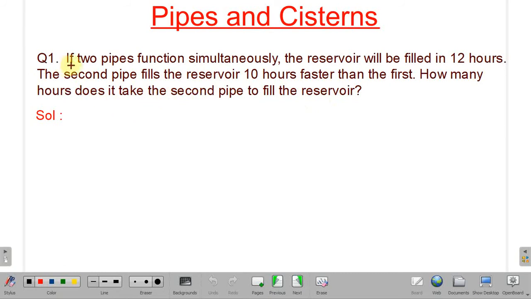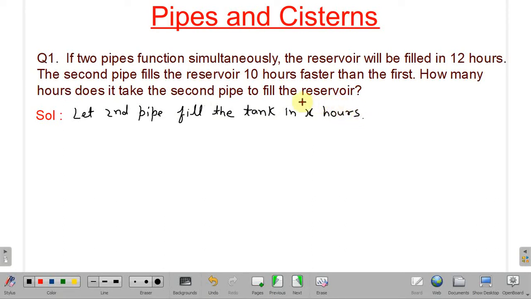Okay. So how can we find it? So we will assume the time taken by the second pipe. Let the second pipe fill the tank in X hours.